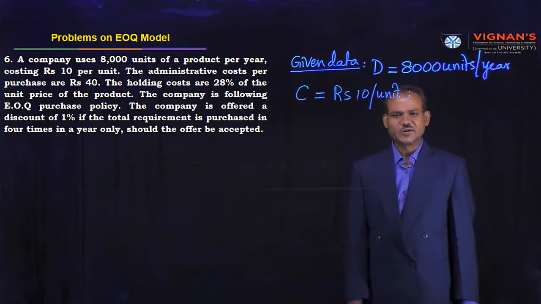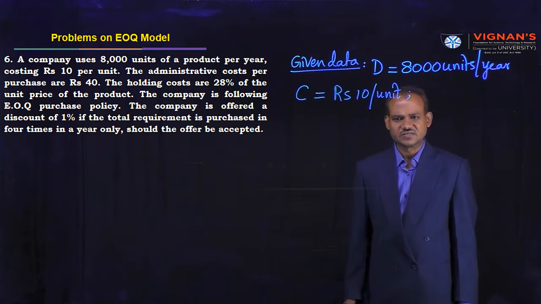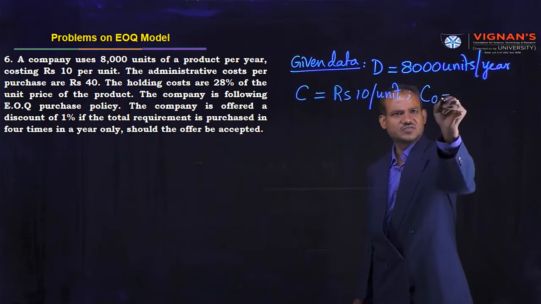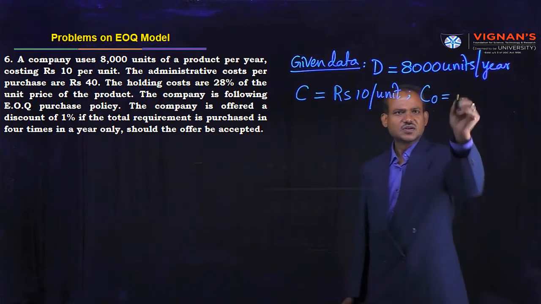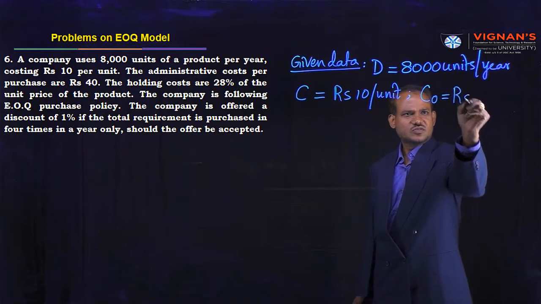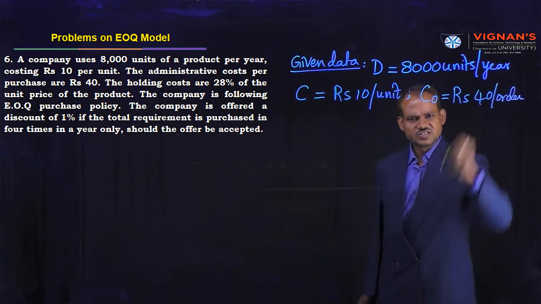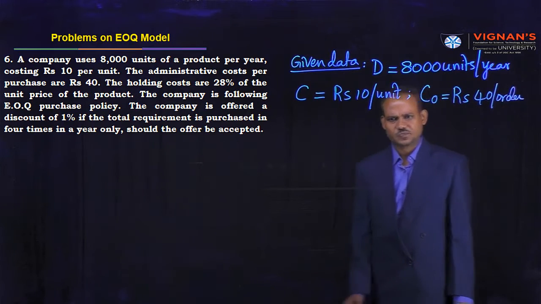The administrative costs per purchase are 40 rupees. Administrative cost means you can assume it as ordering cost. CO is equal to 40 rupees per order. Each time the order cost is the same.